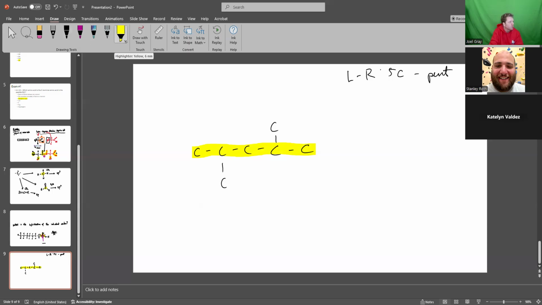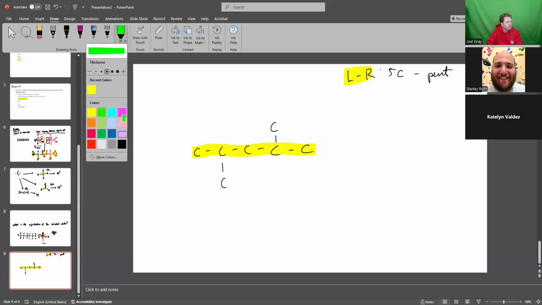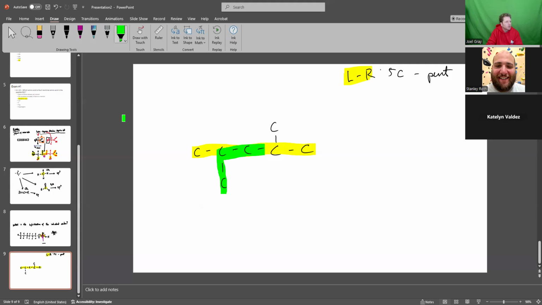Now I can switch my highlighter color. Now I'm going to go with green. I'm going to start down here. How many carbons is that? 1, 2, 3, 4, 5. 5 carbons. So we're talking about pent.